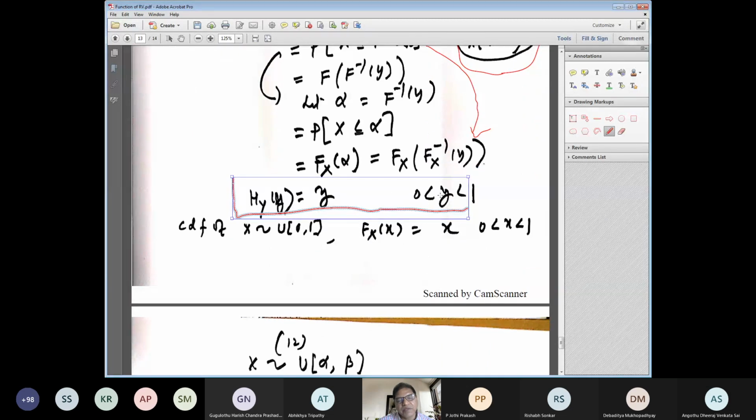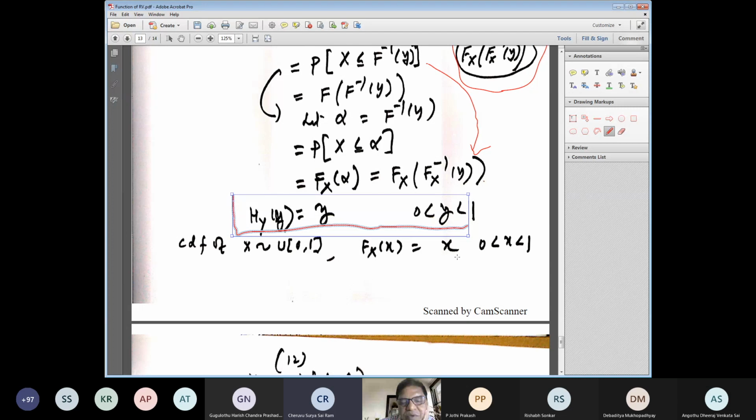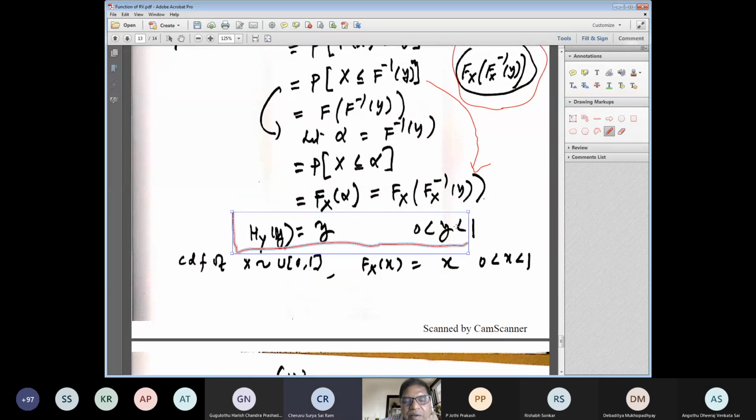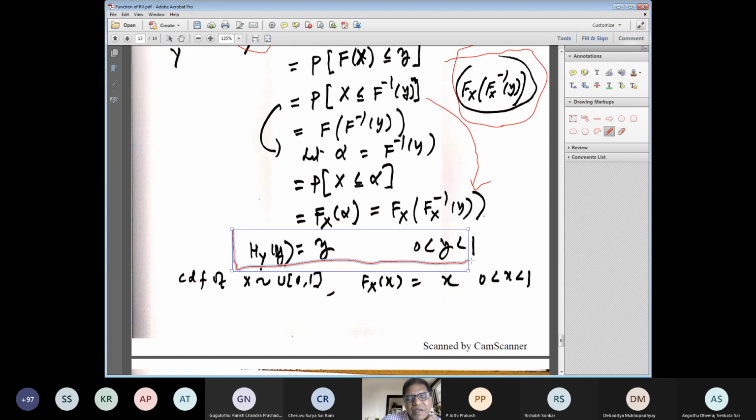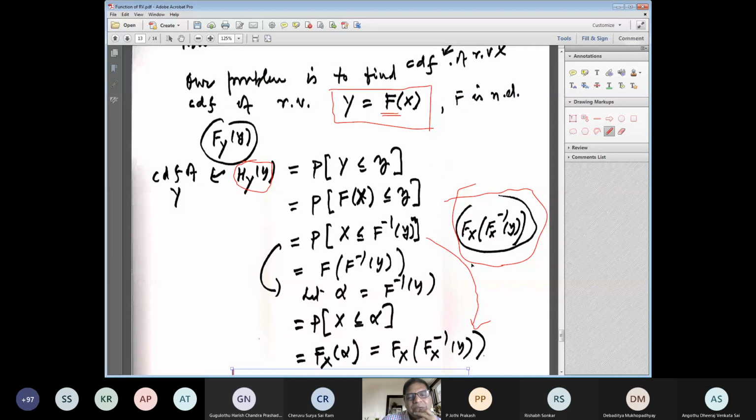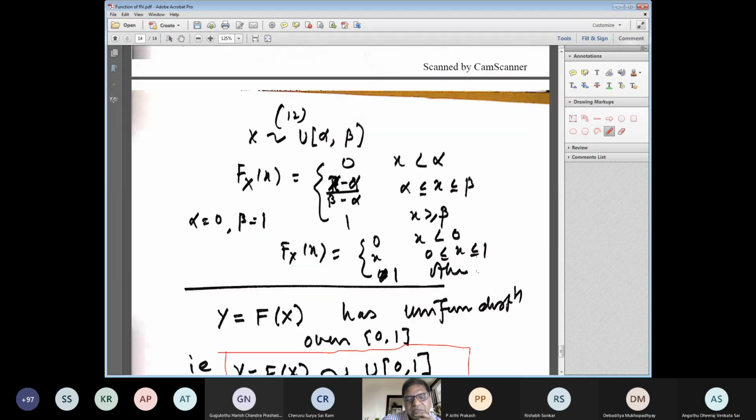Sir, the range of y should be 0 less than or equal to y less than or equal to 1, right? Y will be between 0 and 1. Including 0 and 1, or excluding? Yes, y is from 0 to 1, because your CDF is in this form.